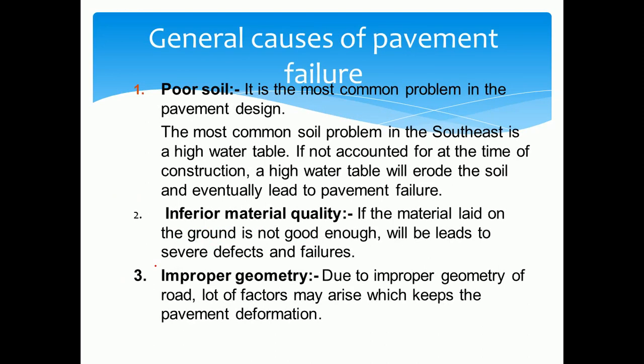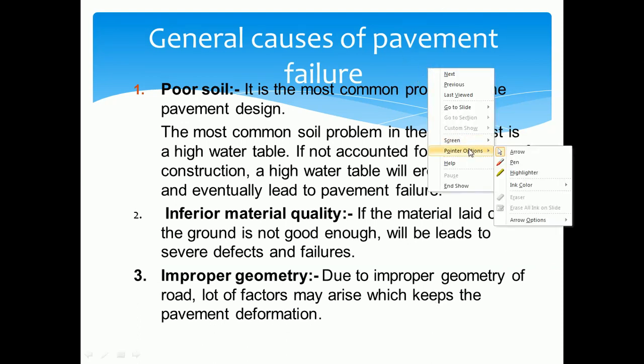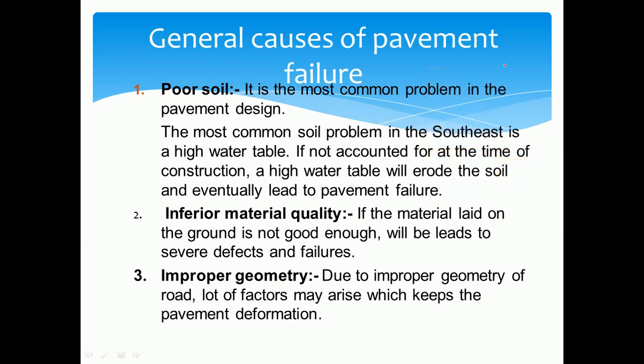So let us see what the causes of highway pavement failure are. Why is there a failure in the pavement surface? What are the different causes you may observe for the pavement failures? As we know, whatever the type of soil we are observing, the SBC of the soil may not be the same in all conditions.